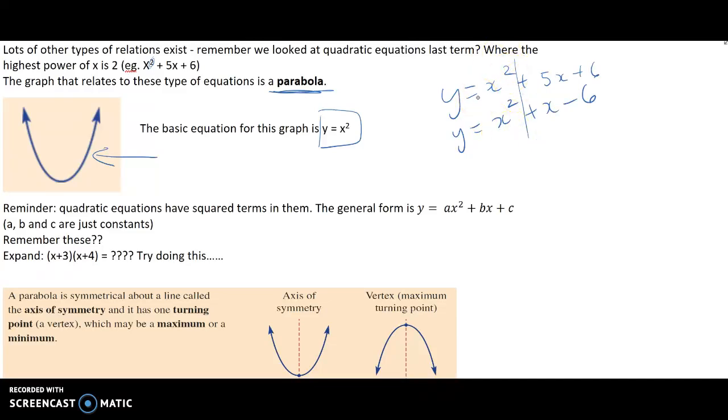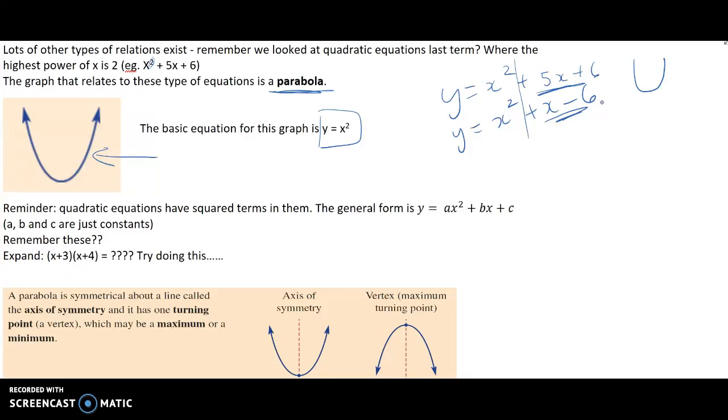So the highest power of x is 2, which tells us that it's a quadratic function, and therefore the graph that we should be expecting should be looking like this. The plus 5x and plus 6 give us different transformations of the graph, which means that it could be moving up or moving to the right or moving to the left, a range of things, which we don't have to worry about right now.